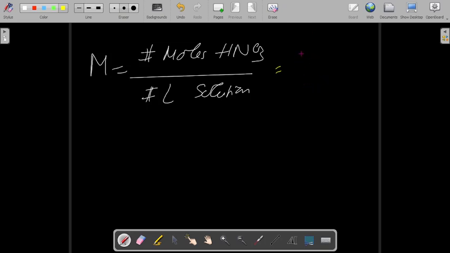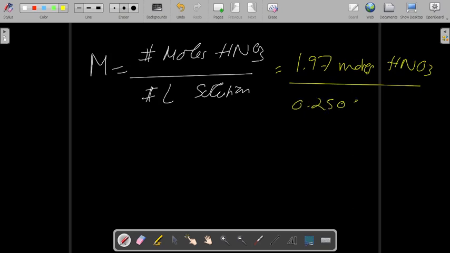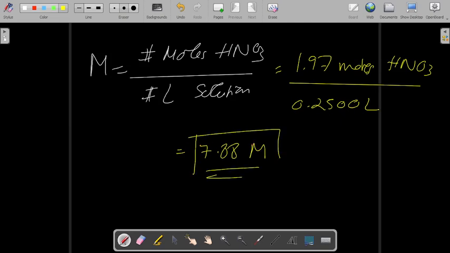So we have 1.97 moles of the nitric acid divided by 0.2500 liters. If you do the math, you'll find that the molarity is 7.88 M. The units are M. Don't forget your units. Remember that in science, if you don't have units, you don't have anything.